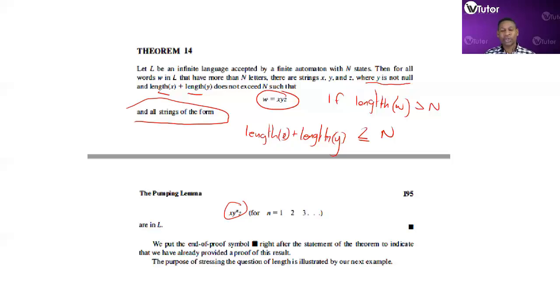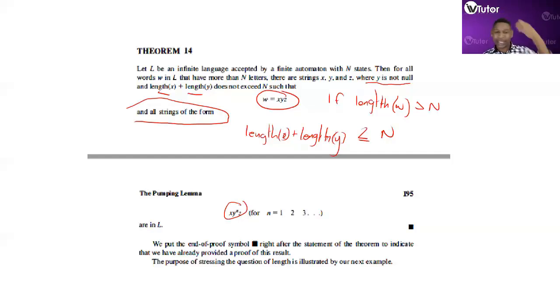And number three, if we continuously pump y, increasing y gradually, all those words are still going to be in the language. If we have a word such as that, and it belongs to a language, then we say that language is a regular language. All regular languages should behave in that manner. That is what the pumping lemma says.